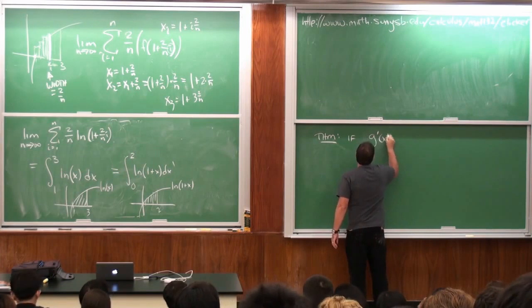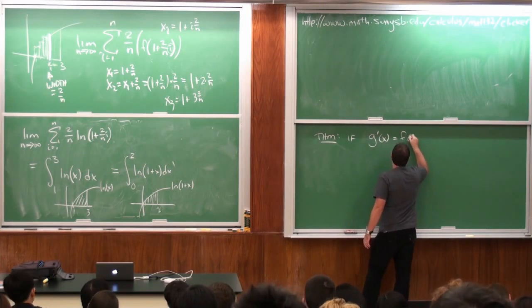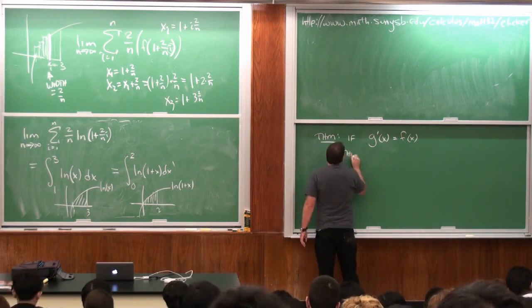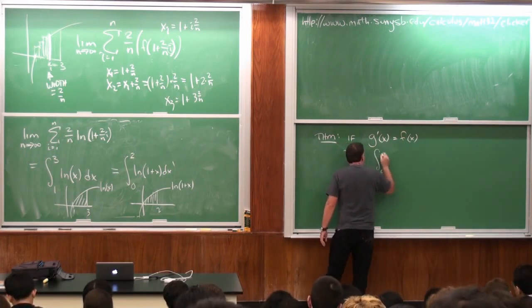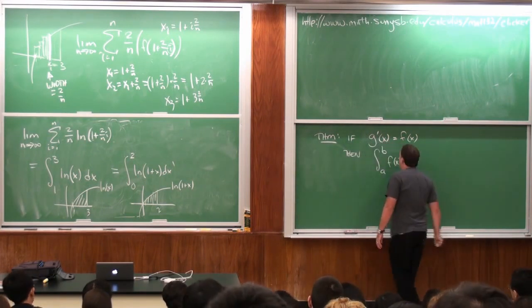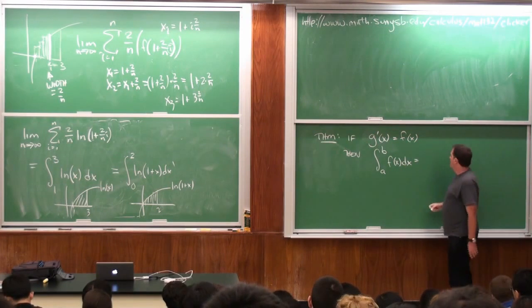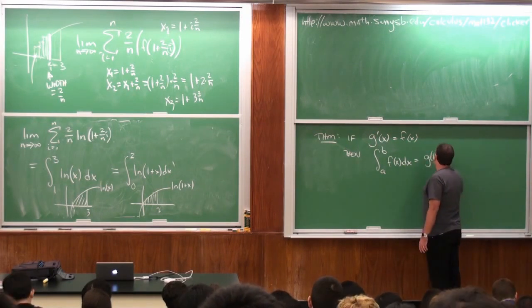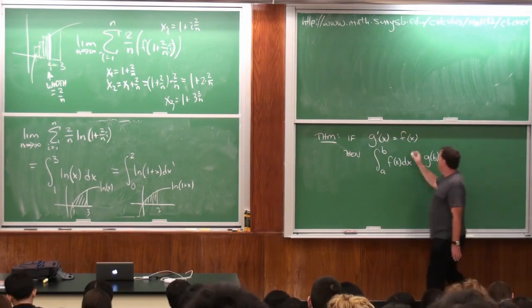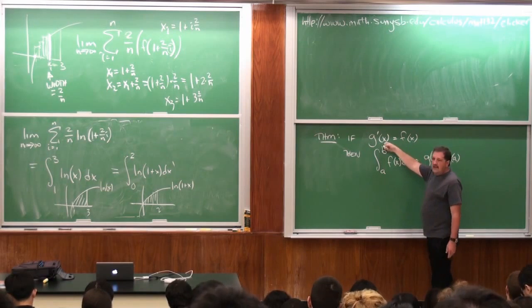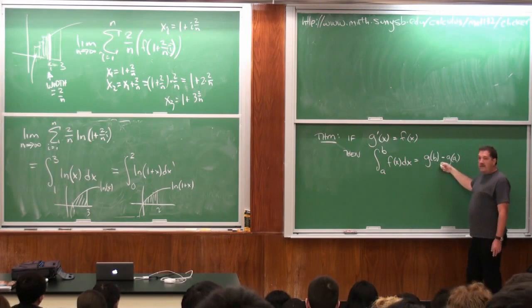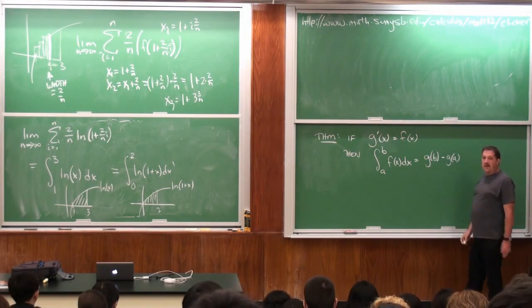If g prime of x equals f of x, so that means the derivative of g is f, then the integral from a to b of f of x dx is just g of b minus g of a. In other words, if g is an antiderivative of f, then to do this integral, we just evaluate the antiderivative at each end.